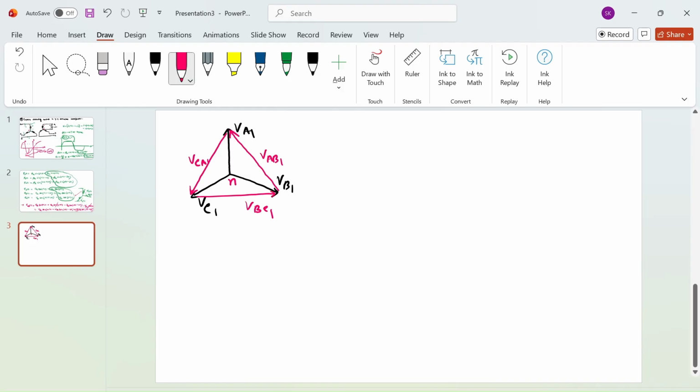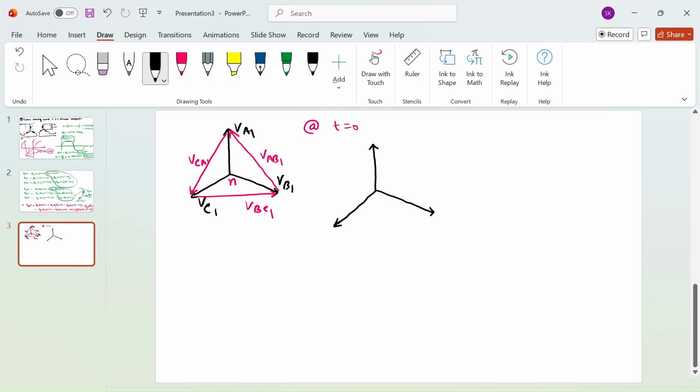Now let's say at t equal to 0, this was my fundamental quantity, and whatever superimposition of the third harmonic happens, the line voltage will simply remain the same, because we saw from the previous slide that line voltage will not have any impact from the third harmonic induced voltage.